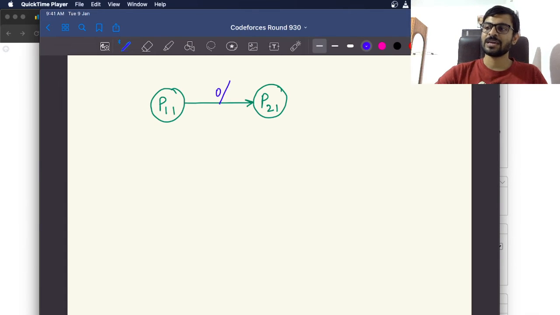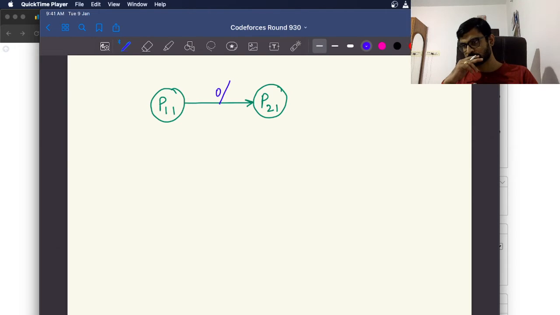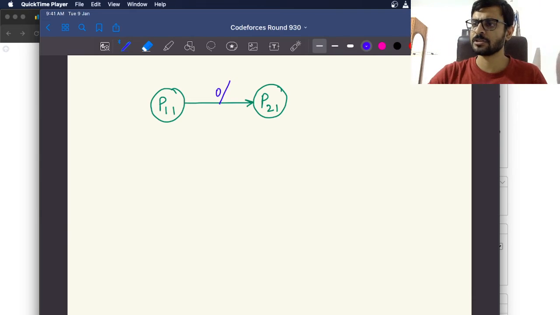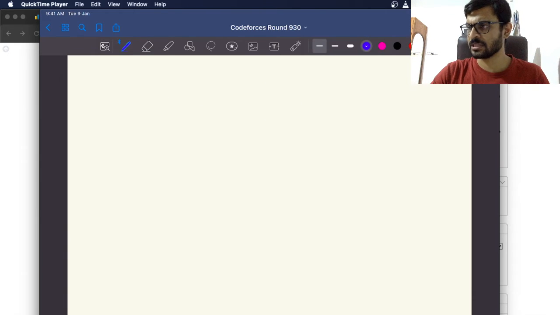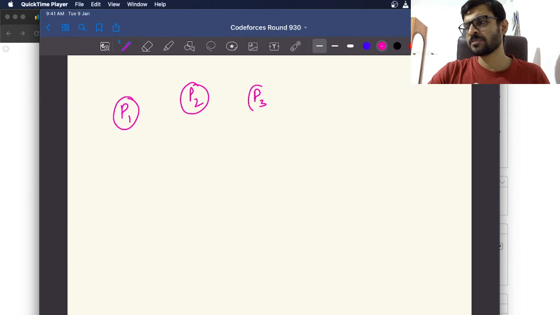So this is one way we can frame the edges, and we can say there will be some common connection with the P1s. If I say, okay, this is P1, this is P2, this is P3, what is the problem? I have so many edges based on so many attributes.